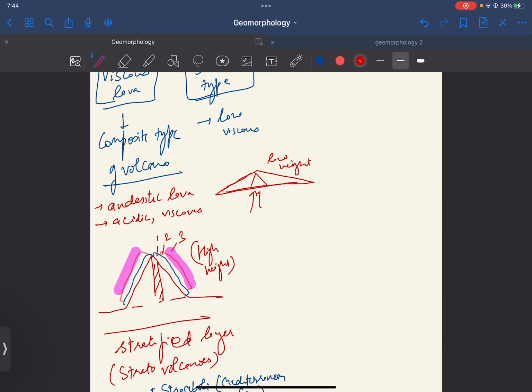Right? So it has mainly what? Basaltic lava, which is very fluid, right? Okay. These are not steep, and the best example is Hawaiian volcano.